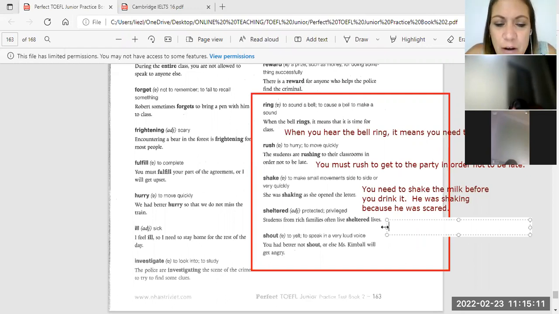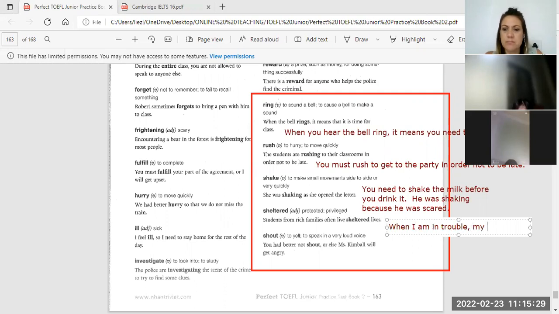What do you mean by how can she shelter you? What does she do? Like when somebody bully me. Okay, she can protect you. When I am in trouble, my friend always shelters me. Protect.